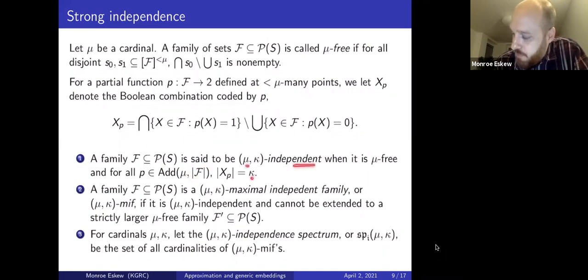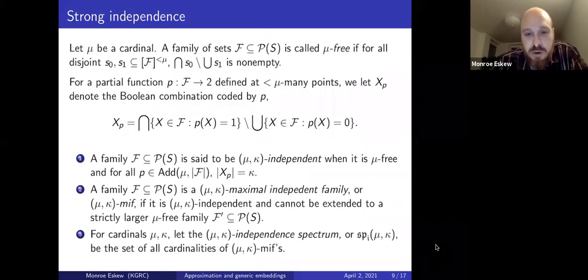That's mu-kappa independence. We'll say that a set is a mu-kappa maximal independent family, or mu-kappa MIF, if it's a mu-kappa independent family and it's maximal with respect to being mu free. And the mu-kappa independent spectrum is the set of all cardinalities of mu-kappa maximal independent families.